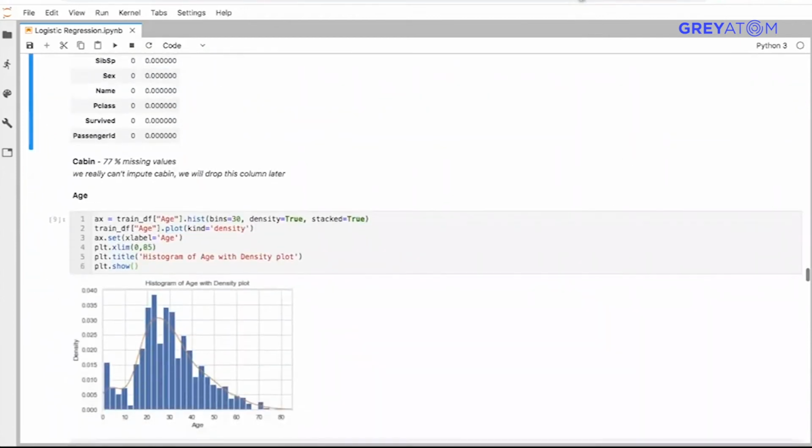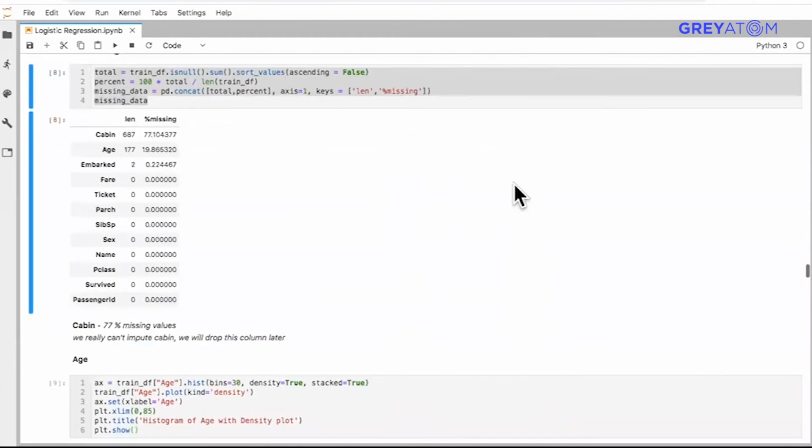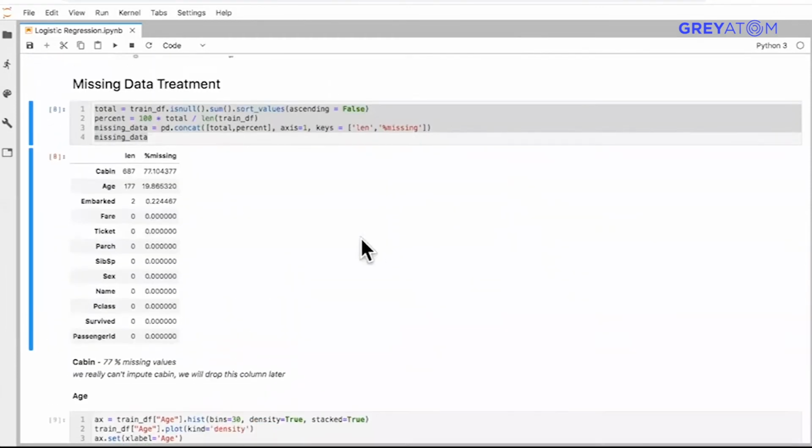I think I have a question here. So Sachin is asking, should we not use fare to impute cabin? So yeah, Sachin, you can actually do that, but look at this.